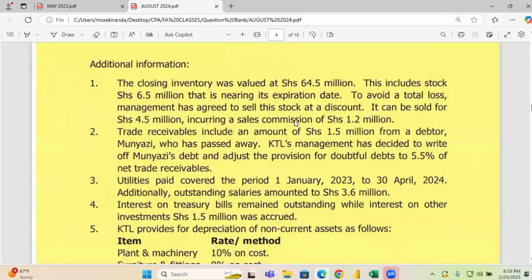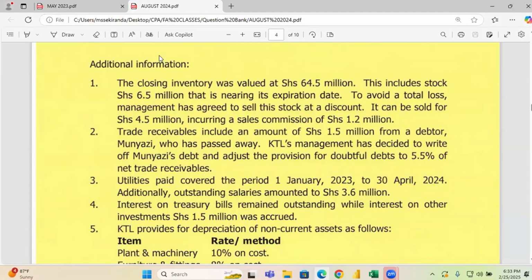The examiner was asking to find the cost of inventory completely destroyed by fire, the cost of inventory partially destroyed, and the value at which we shall recognize inventory that was partially destroyed. That was May 2018, I think. I gave you what IAS 2 says about closing inventory: inventory is measured at the lower of cost and net realizable value.